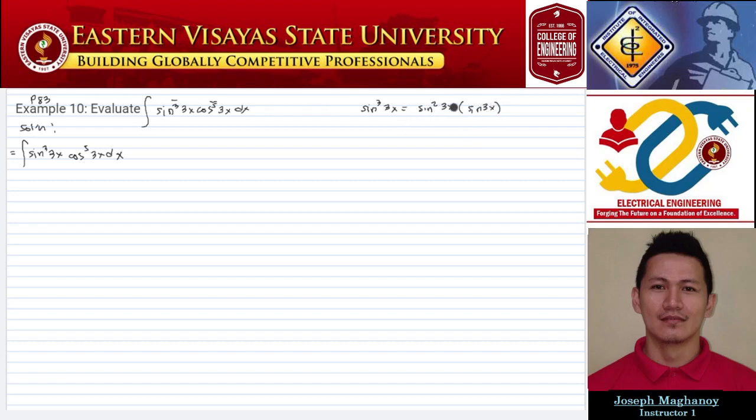We all know that if we multiply the powers of these two functions, it's also equal to 3. Okay, so we rewrite that function with our new manipulated function. So that is integral of sine squared 3x quantity sine 3x, and of course, copy still the remaining, that is cosine raised to 5 3x dx.